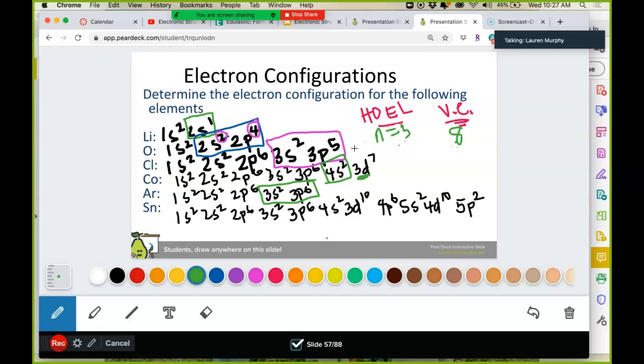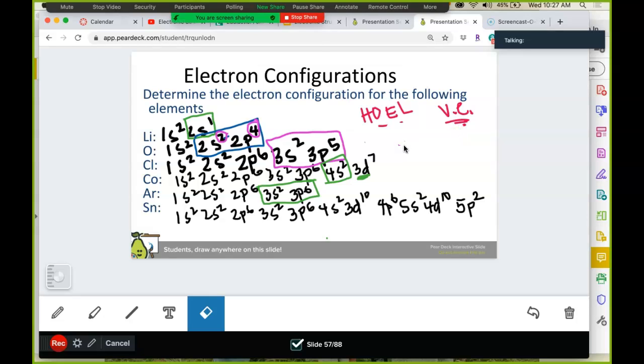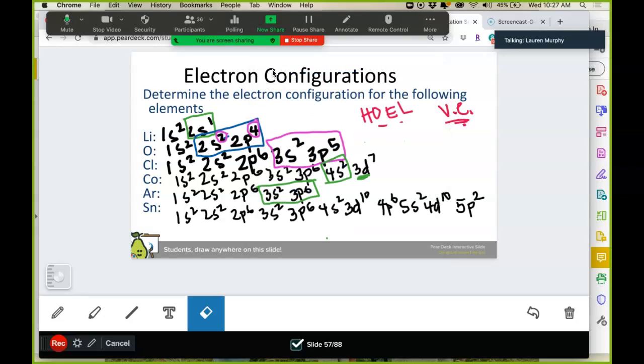Okay. Now, before I even go to the periodic table, maybe you can. What family is tin a part of? Who is tin in the same family with? It is a nonmetal, yes.